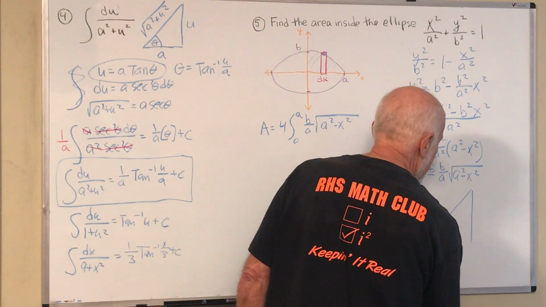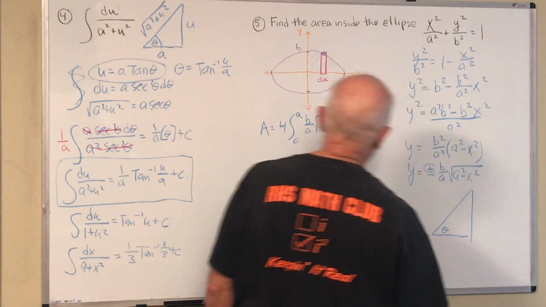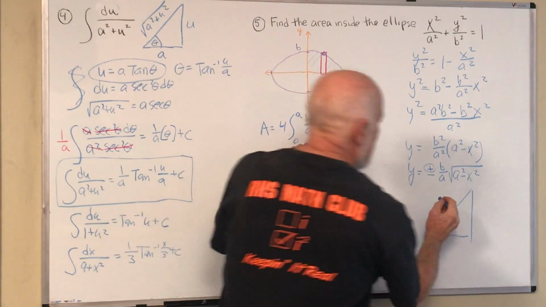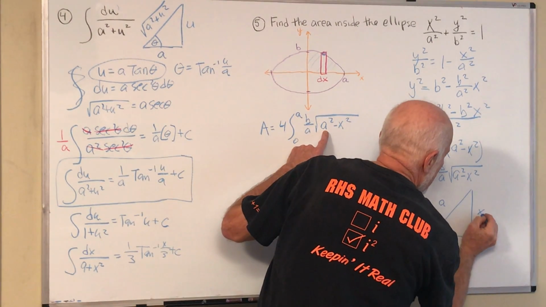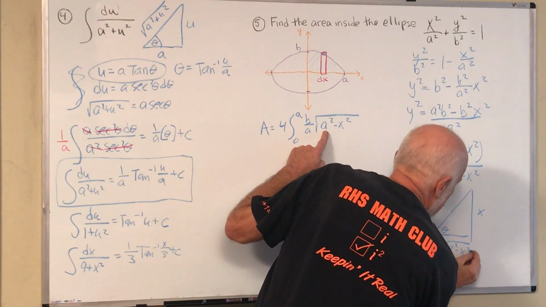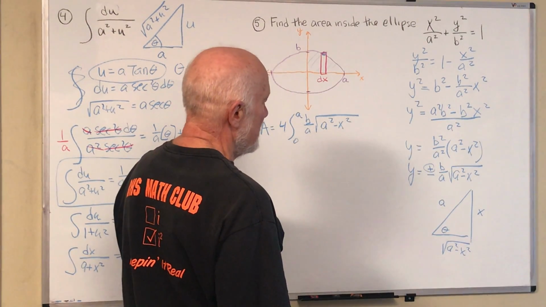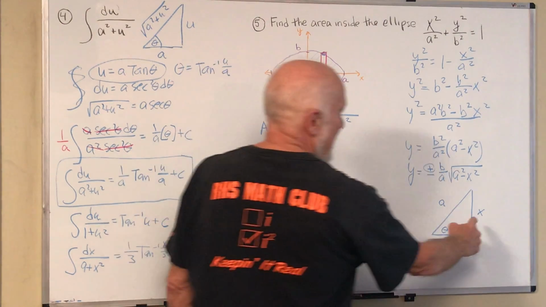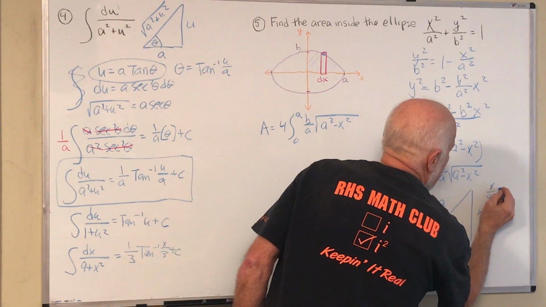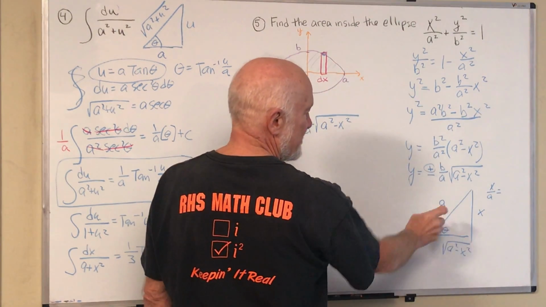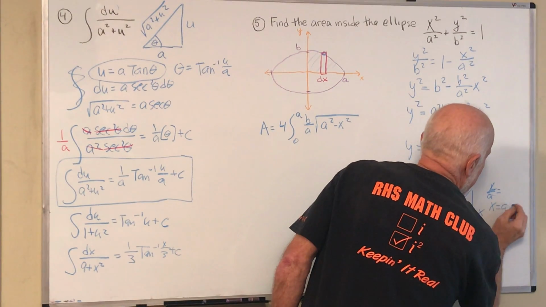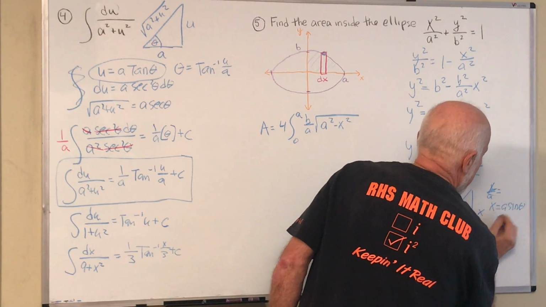So I make my triangle, and there's theta, and my biggest side is going to be a, so I'm going to put my x here and the square root down here. So you get x over a is equal to the sine of theta.